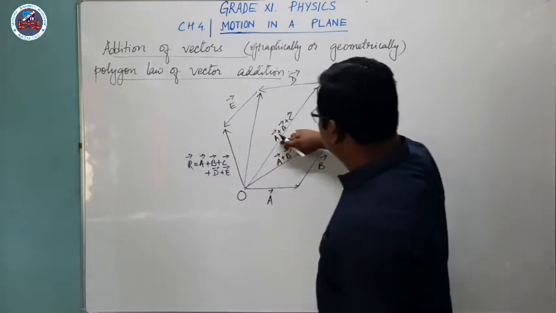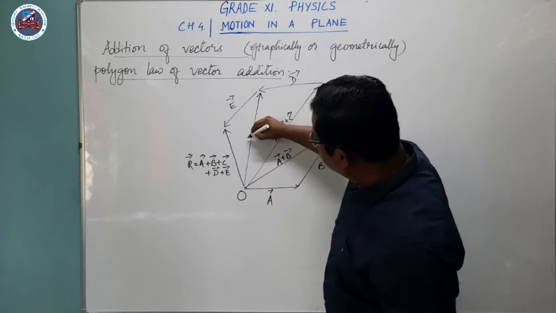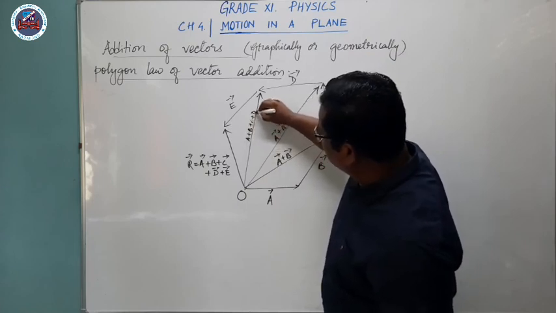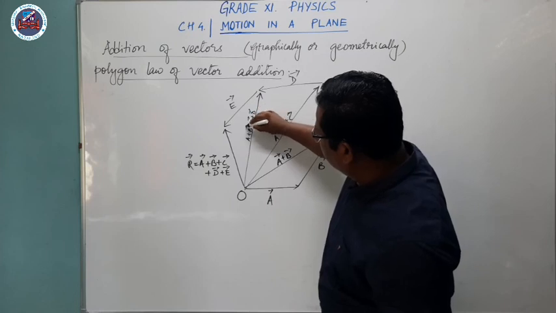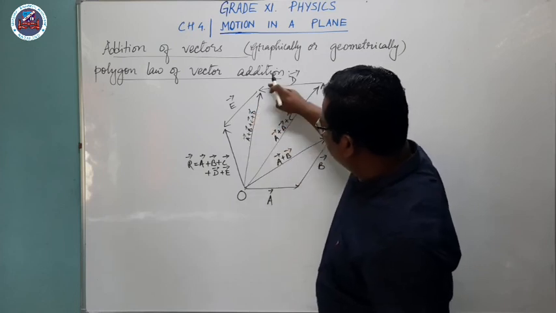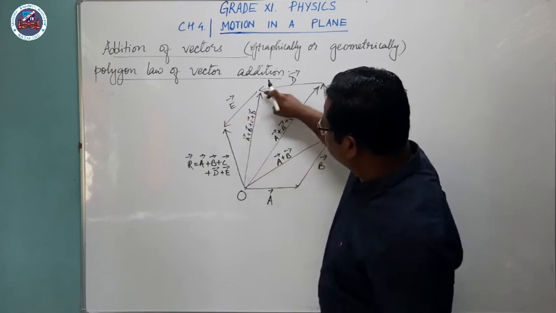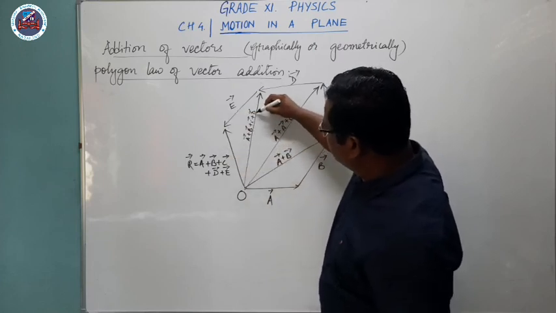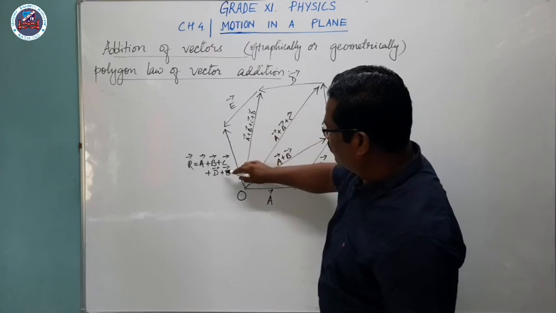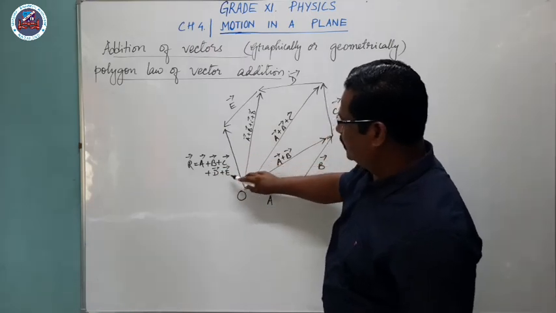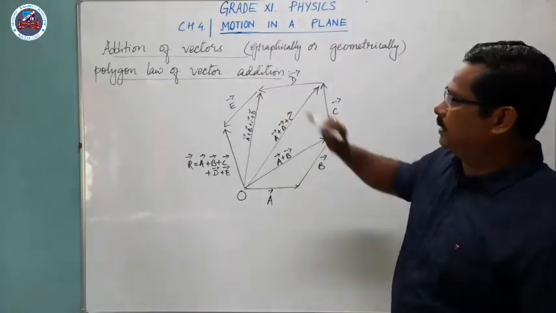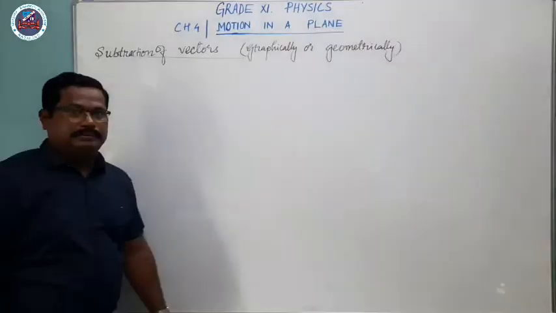So it will be A plus B plus C plus D. Then again these two are vectors in the same order. Then this will be the resultant, so it will be A plus B plus C plus D plus E, that you can see here. This law we call the polygon law of vector addition.